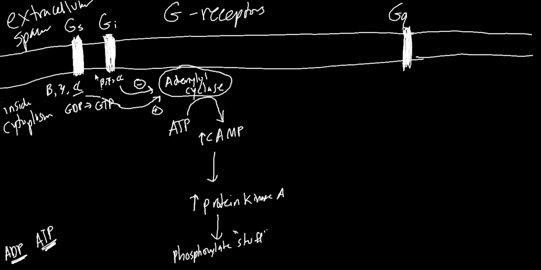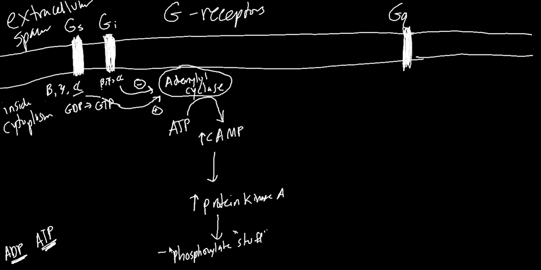So that's the Gi-Gs. Gs, you're going to have stimulating adenylyl cyclase. That's going to stimulate cAMP production. That's going to increase your protein kinase A. When you hear protein kinase, I don't care if it's type A, type B, type C, type Z.